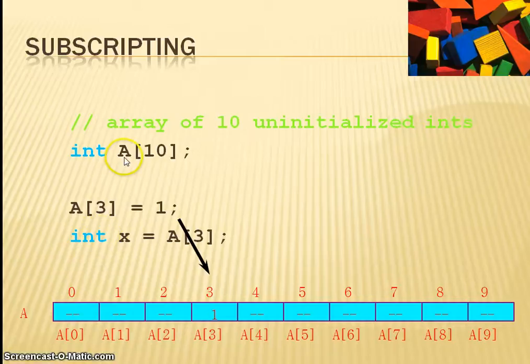If you initialize a value, we have already declared int a[10]. For the subscripting of an array, we assign a value to particular array elements. For example, here we assign 1 to the array element a[3].